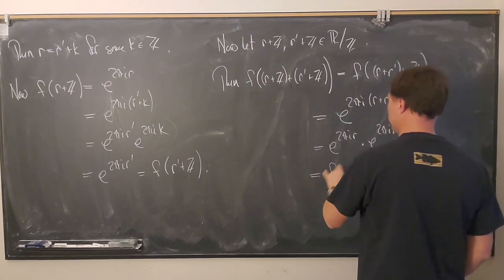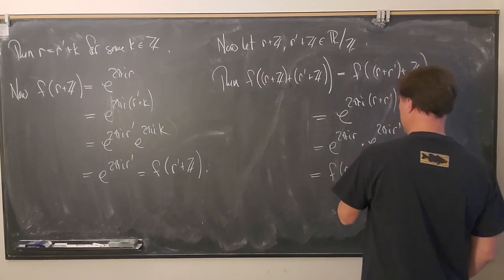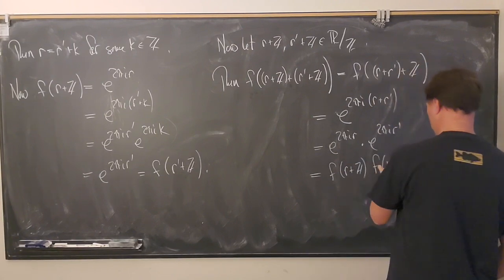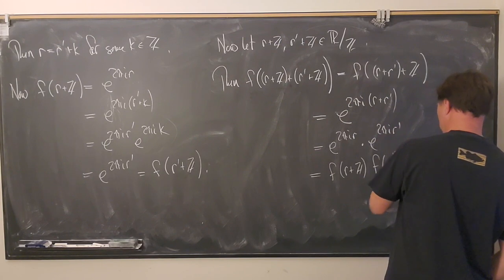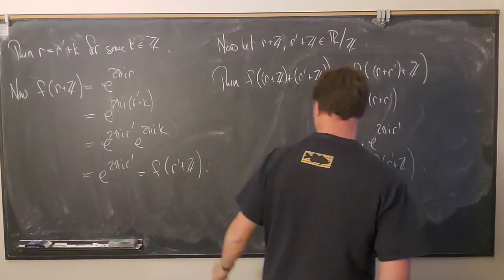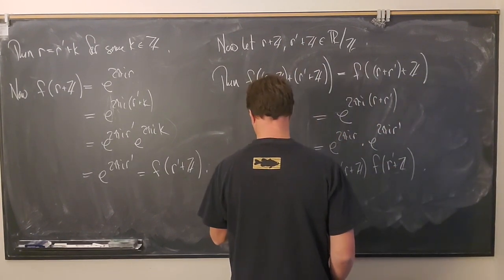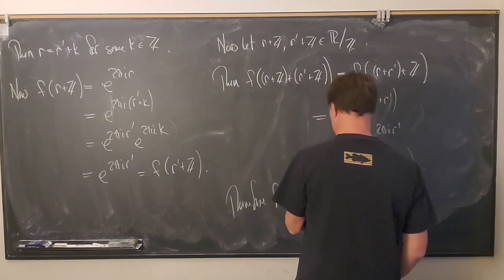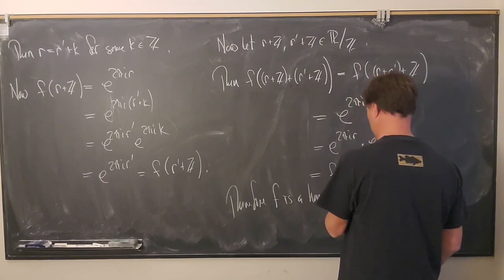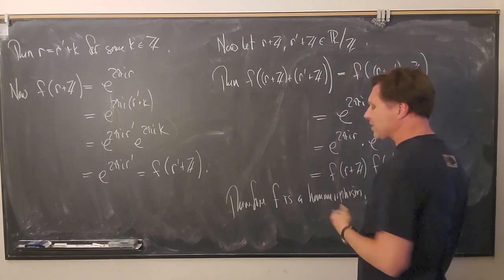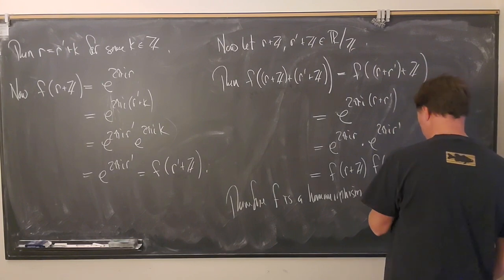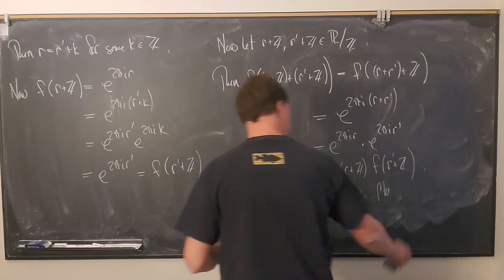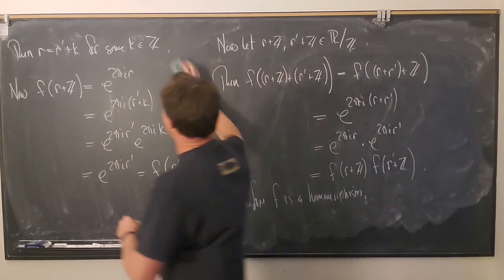That's F of R plus Z times F of R prime plus Z. Okay, so therefore, F is a homomorphism. And then I'm just going to leave the details for you, so I'll just say check. Oh, you know what? Actually, no, I'm going to show one-to-one now. And then I'll let you check onto.